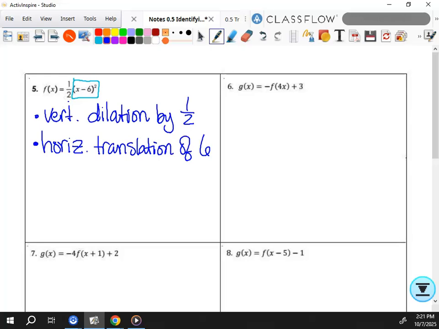So all of those beforehand we could identify as absolute value, square root, quadratic, whatever. Now the rest of these are all generic functions, which you can also be asked for. So when you box these, we are boxing the f of part, f and whatever's in those parentheses. That's basically what happens inside that function, right? When you actually do the square root, or you do the square, or you do the whatever. So then when I start with this negative, I know that's a reflection across which axis?